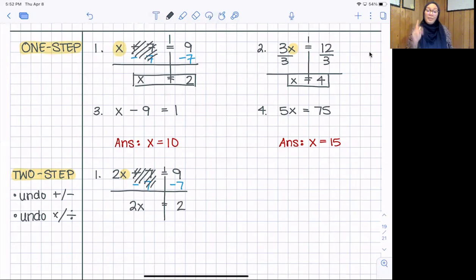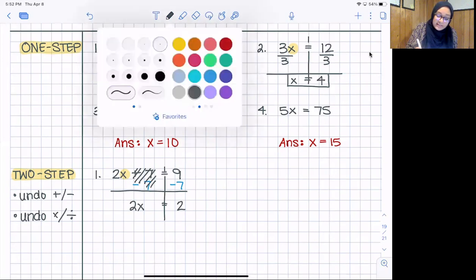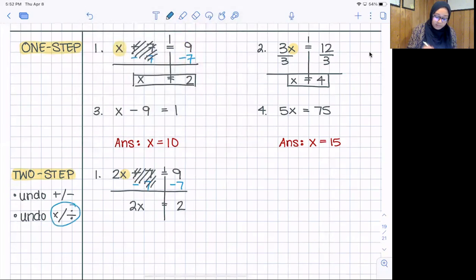Done. But this is a two-step equation, right? I did one step, I need to do a second step. And so the second step is undoing the multiplication or the division. So 2x means multiplying by 2. So I need to do the opposite, which is dividing by 2 on both sides, okay? 2 divided by 2 here is 1, and I still have my x, equals 2 divided by 2, which is also 1.